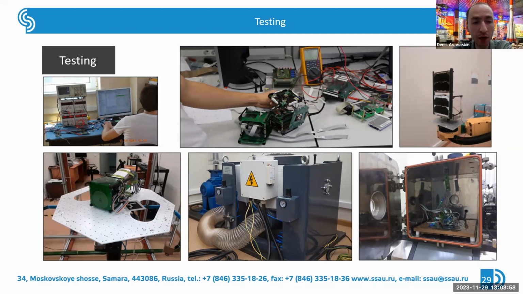That's why it is a very important part. In our department at Samara University, we have a testing center. I will say a couple of words about this testing center, and here you can see the pictures from it.